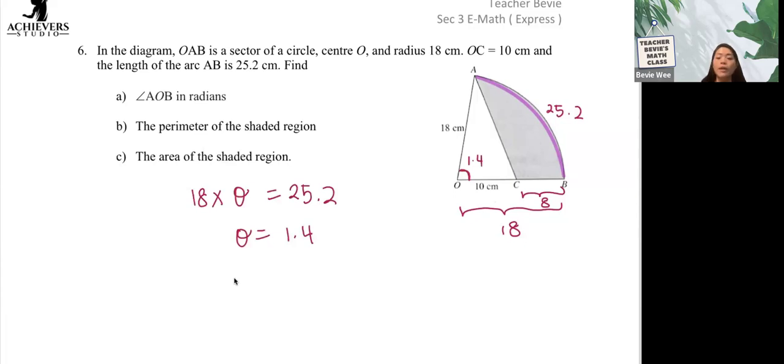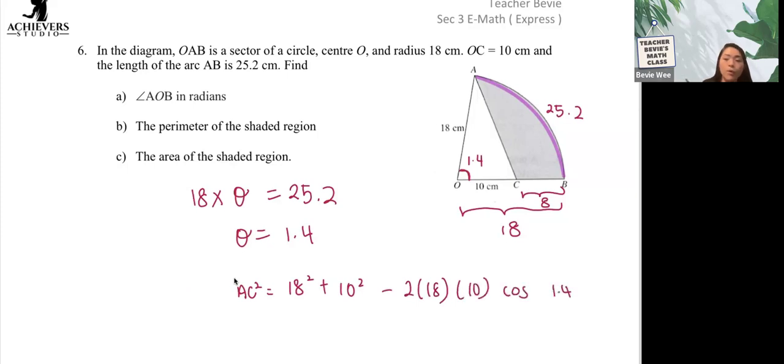Cosine rule again, right? Correct or not? We have done this so many times. So again, a square, so a lot of trigo in here. A square, which is AC square, equals B square plus C square minus 2BC cos 1.4. Press your calculator.